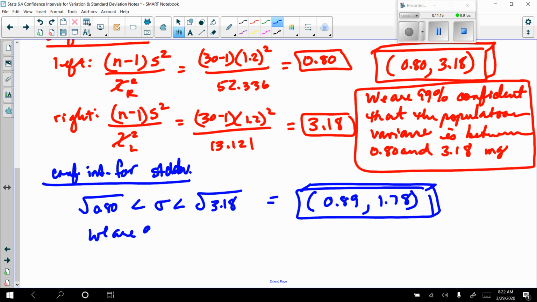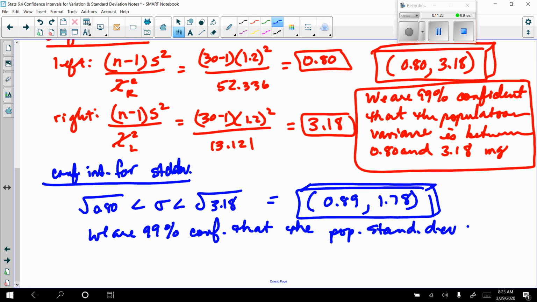We are 99% confident that the population standard deviation is between 0.89 and 1.78 milligrams.